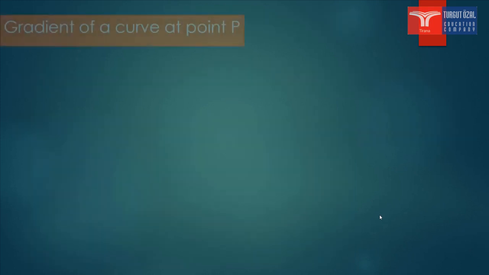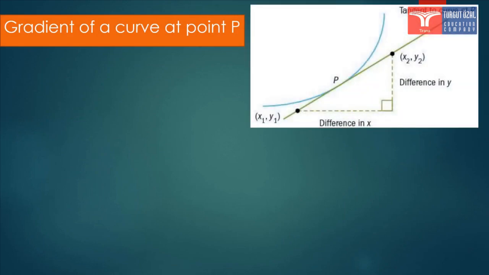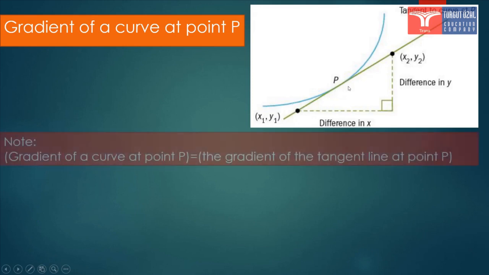So, then, the gradient of a curve at the point P. As we see here, we have a curve colored blue, and we have a straight line which is tangent to the curve at the point P. As we said, we can find the gradient by using two different methods: by using any 2 points given here, or by using the ratio of the change in y over the change in x.